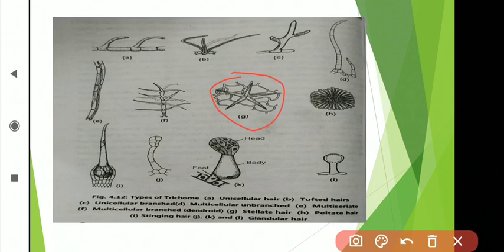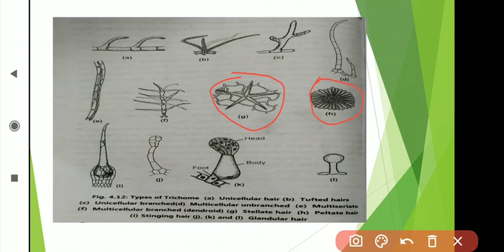Sometimes unicellular hairs group and form a shield-like structure known as peltate scale or hair. Look at here, peltate scale or hair. Stinging hair of Urtica dioica has a broad base embedded with epidermal cells, and the body looks like a fine capillary tube with a pointed end.